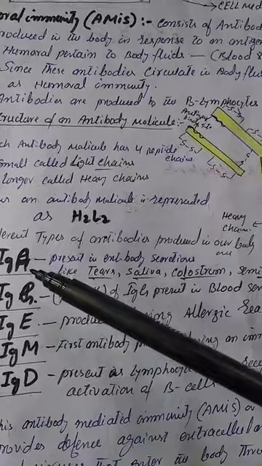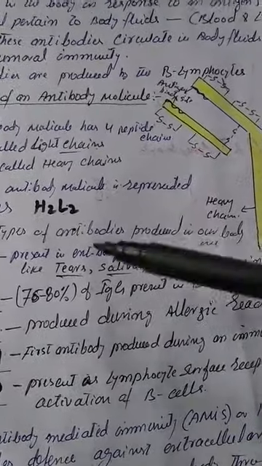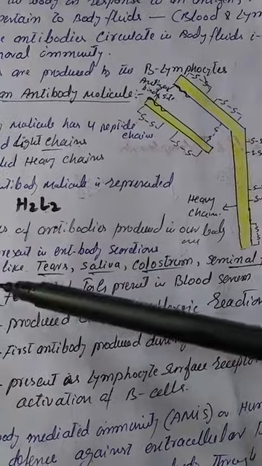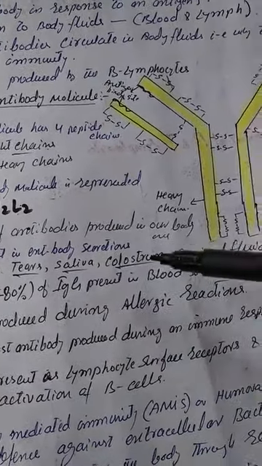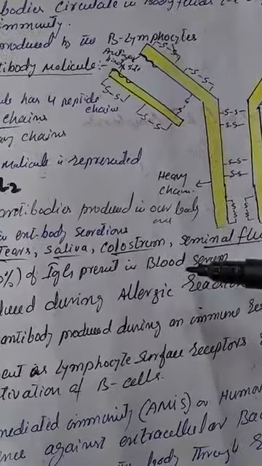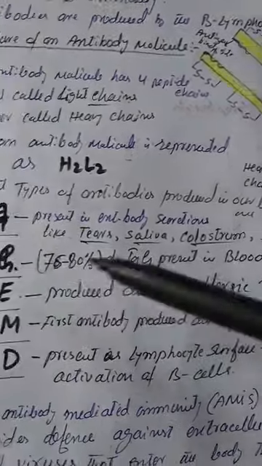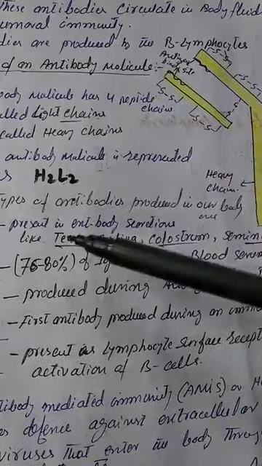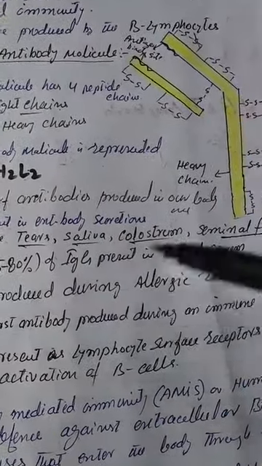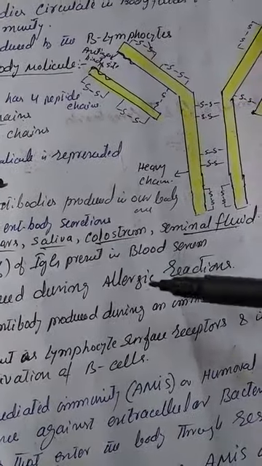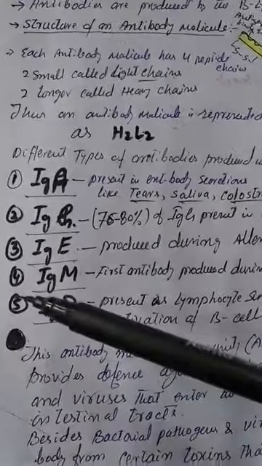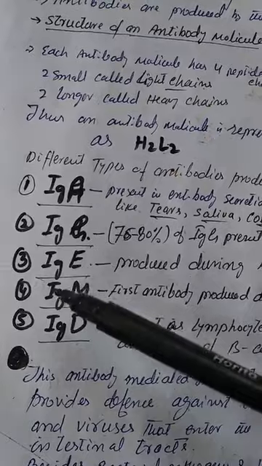About 75 to 80% of the immunoglobulins in the blood serum is immunoglobulin G. The third immunoglobulin is IgE. This immunoglobulin is produced during allergic reactions, or in response to allergies. The fourth immunoglobulin is IgM.